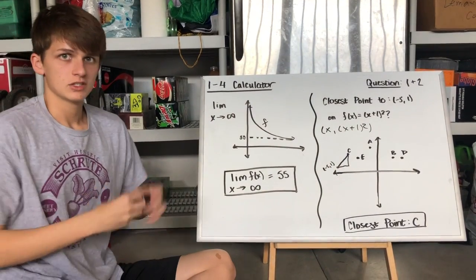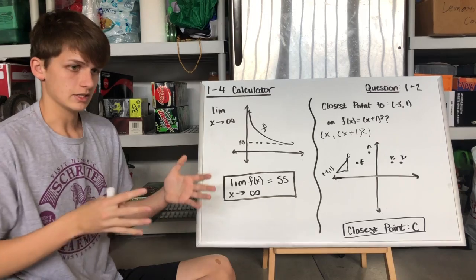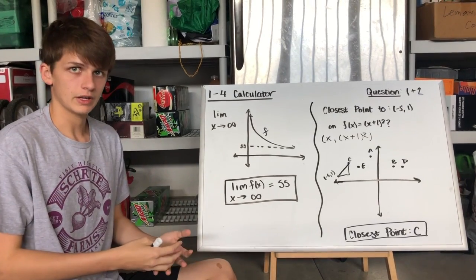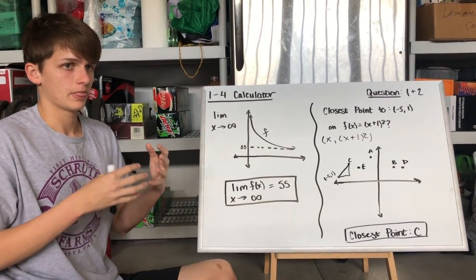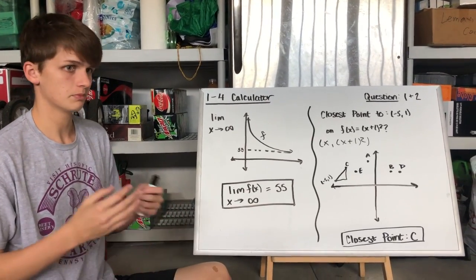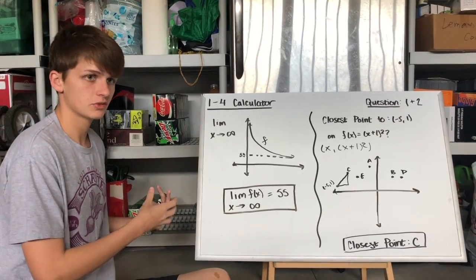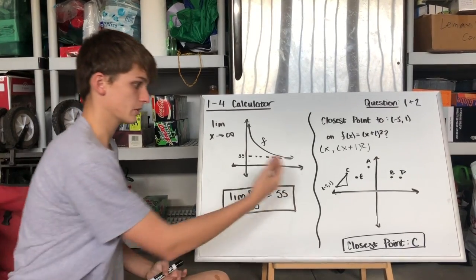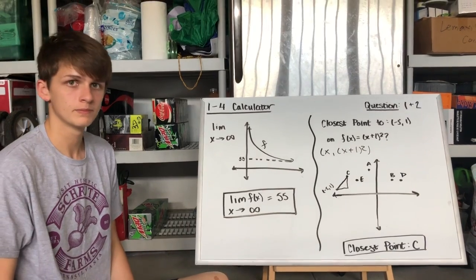Plug them into the distance formula so that you get one nice equation. Then you take the derivative of that equation, find where the derivative is equal to 0, and then evaluate those x values in your original distance formula to find out which one is the closest to negative 5, 1.